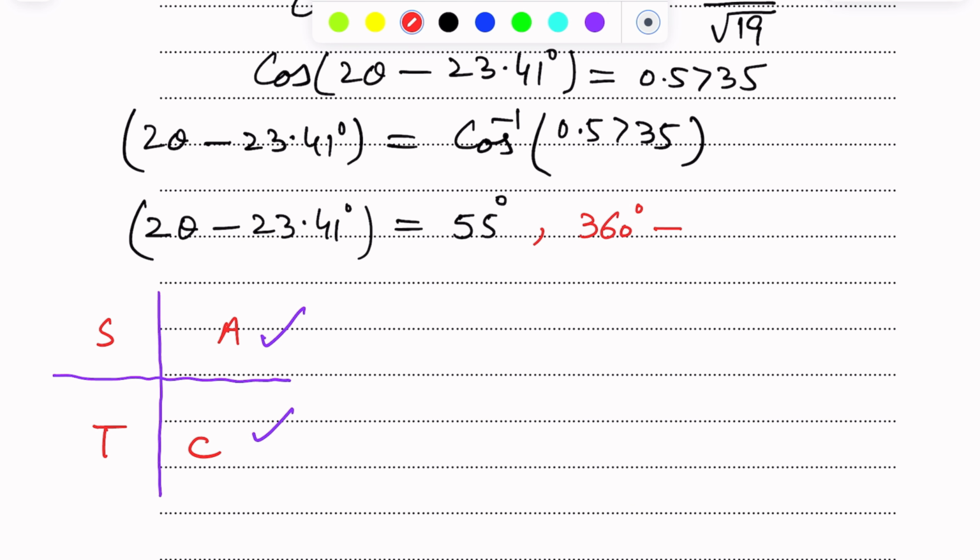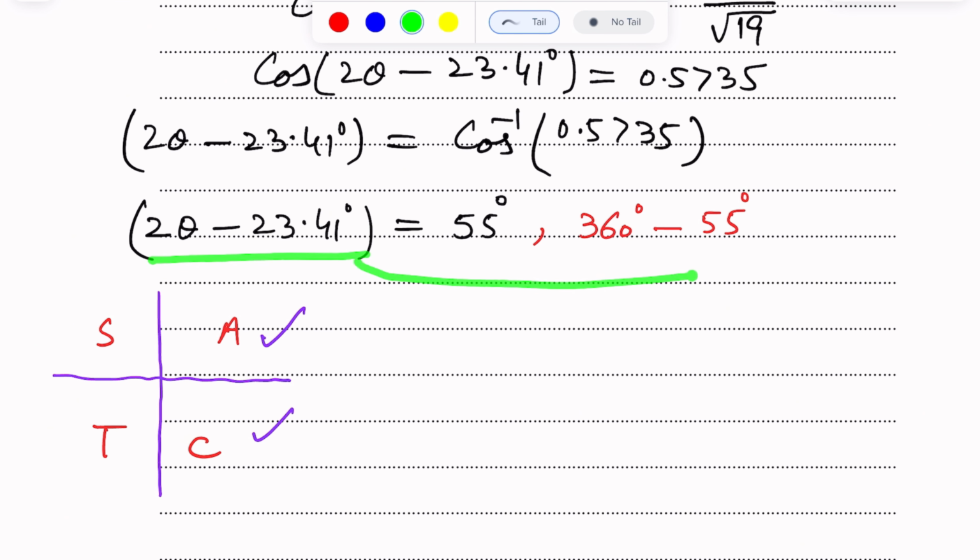The basic angle is 55 degrees. So the left hand side will be equal to 55, and also equal to 360 minus 55.